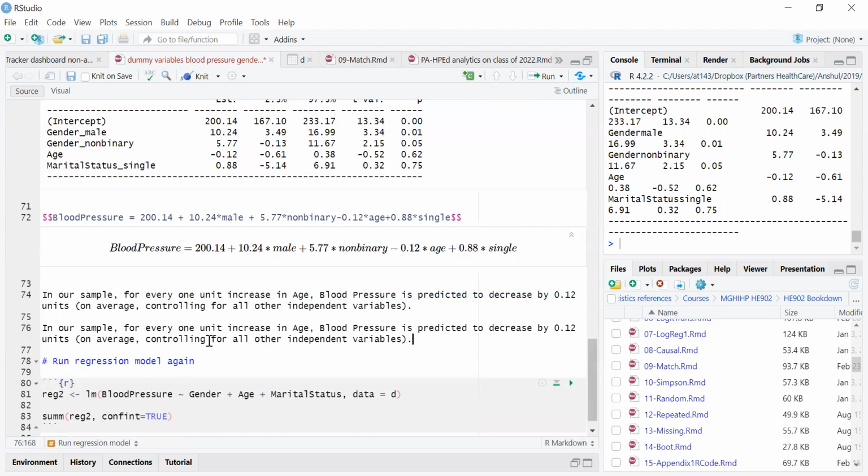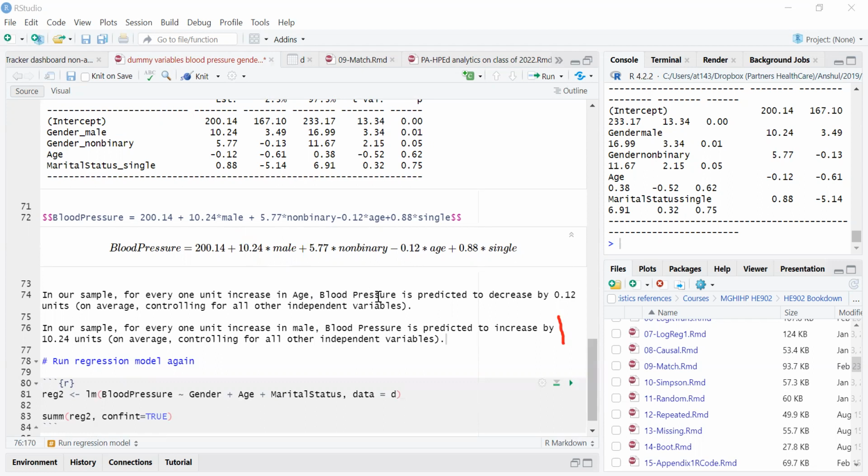In our sample, for every 1 unit increase in male, blood pressure is predicted to increase by 10.24 units, right? So if we did not know that this male variable here was a special qualitative dummy variable, then we would just write our interpretation the way I did here in line 76.